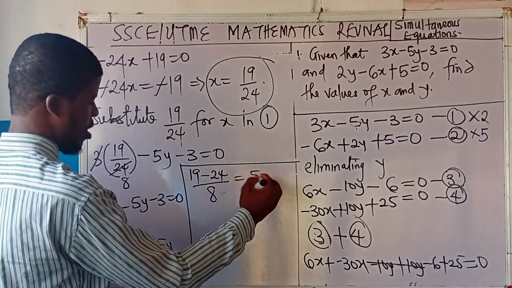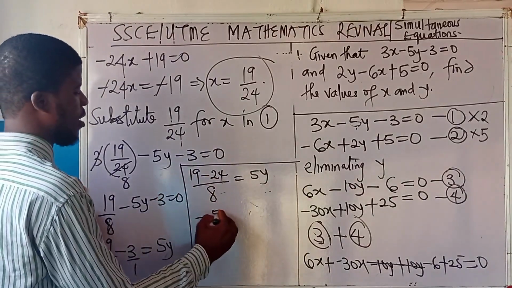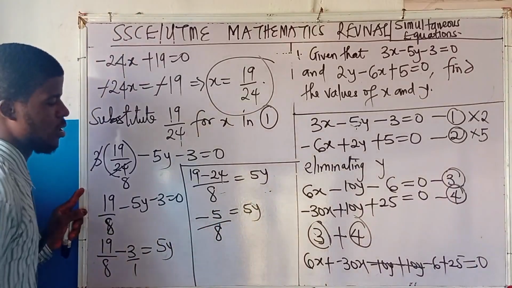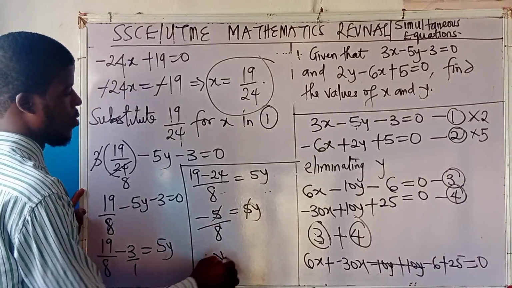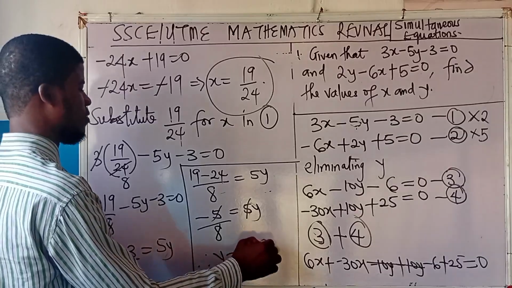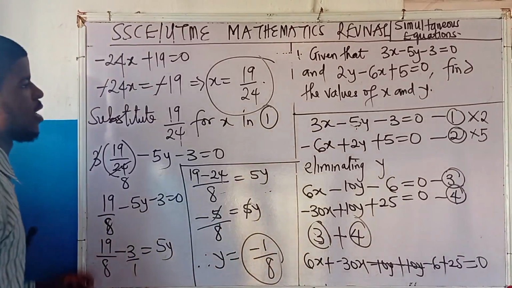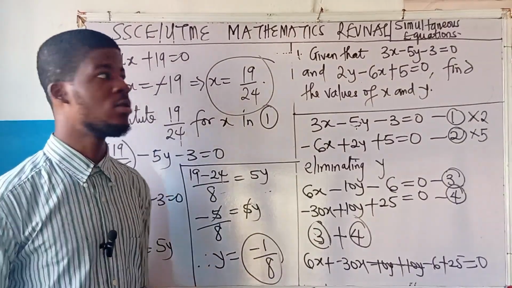This is equal to 5y. 19 minus 24 is negative 5 over 8 equals 5y. So I can just cancel 5 and 5. Therefore, y is equal to negative 1 over 8. So x is 19 over 24 and y is minus 1 over 8.